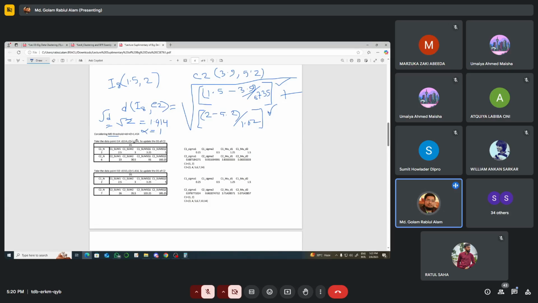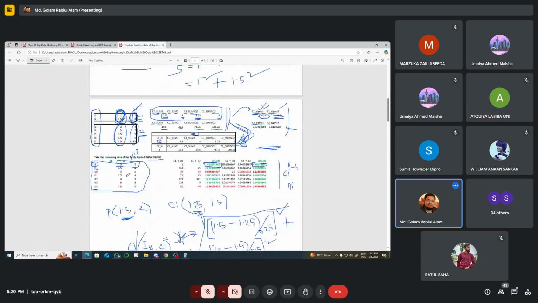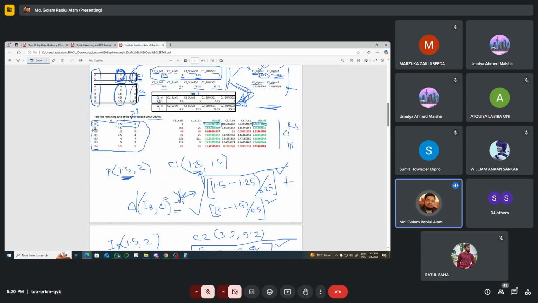Considering that, take the data point I14. We have to check each and every one, that is I1, I8, I9, I10. We can think about I14 maybe in a bottom-up approach. In this case, the distance from I14 to C1 is 11 point something, and the distance from I14 to C2 is 0.553.